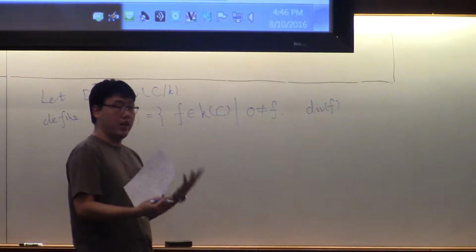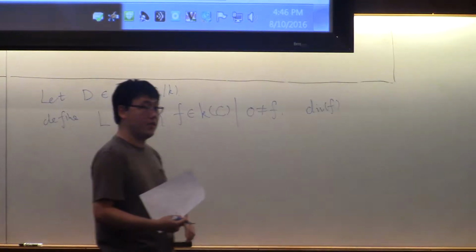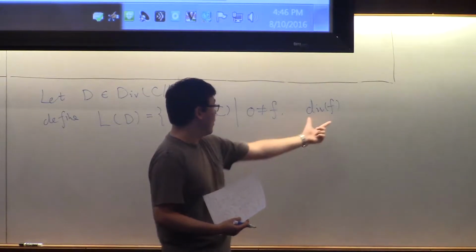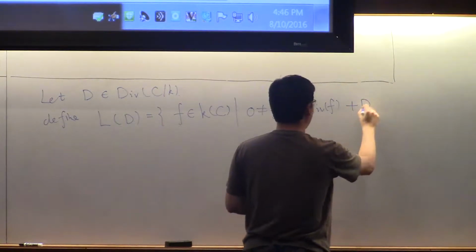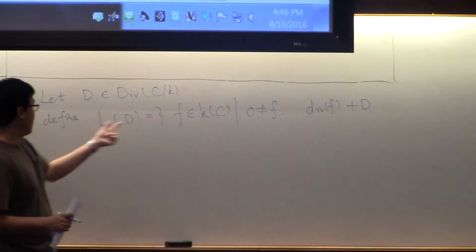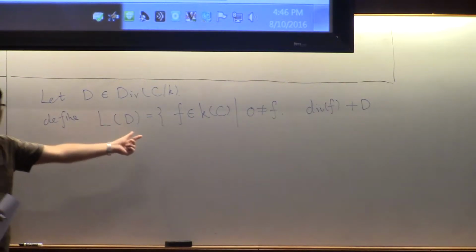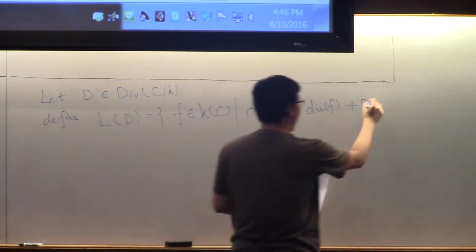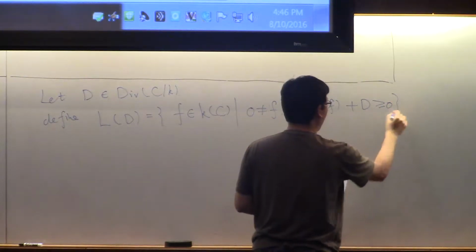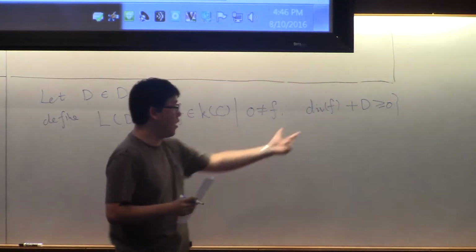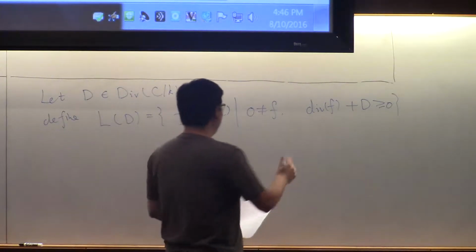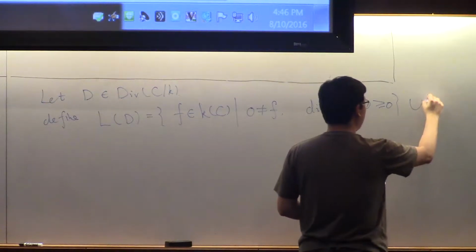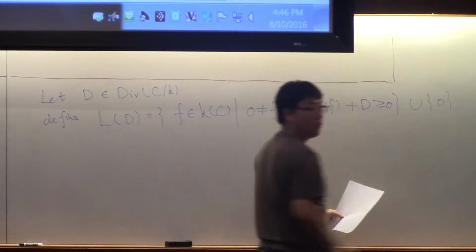Each of them, the coefficients are the multiplicity of the zeros or the poles. You get such a principal divisor, and you add this principal divisor with the divisor you fix at the beginning. You require that this is bigger or equal to 0, or in other words, this sum should be an effective divisor. Okay? And then we take the union with the zero function.